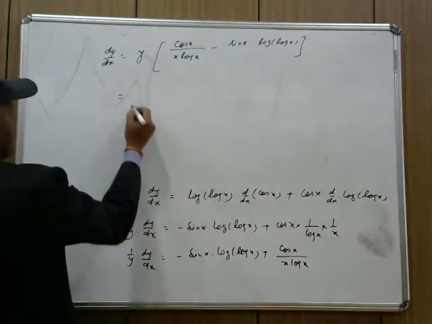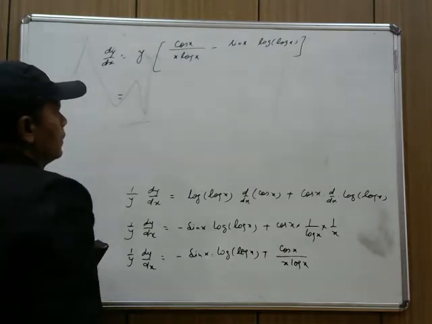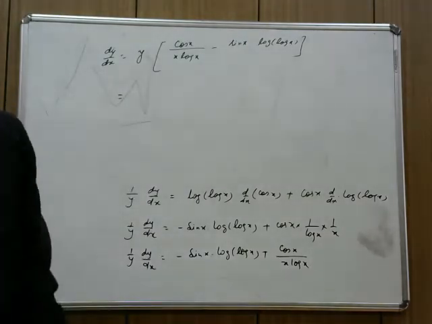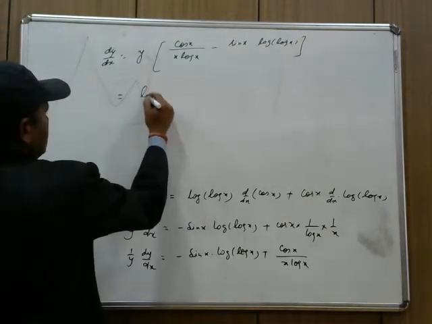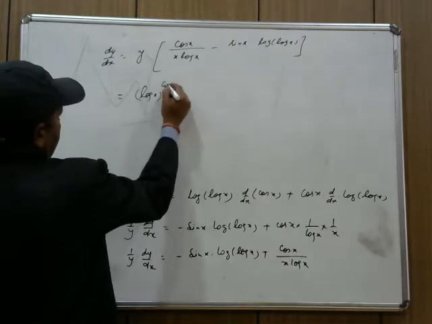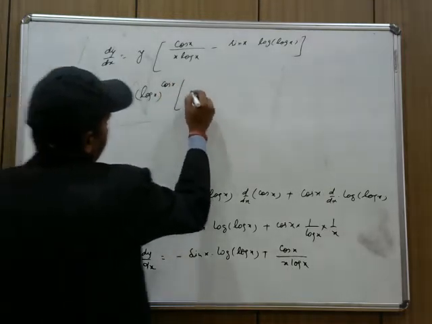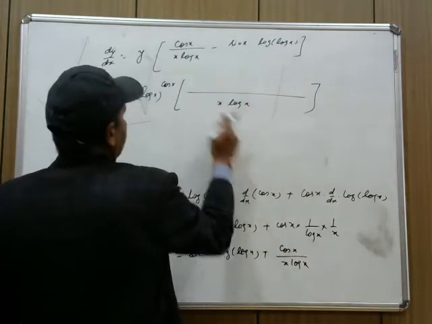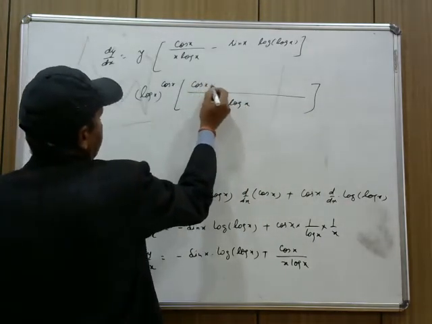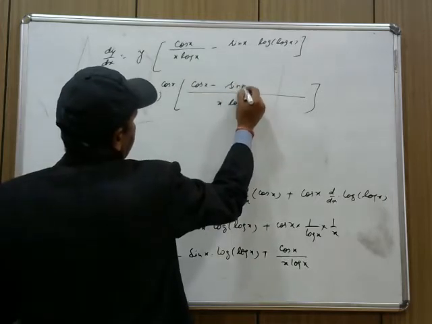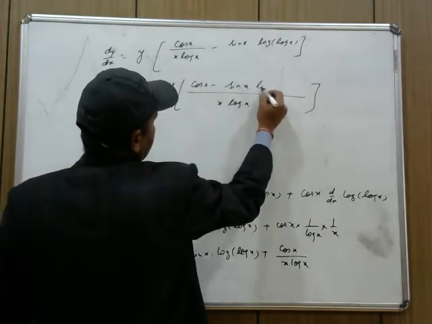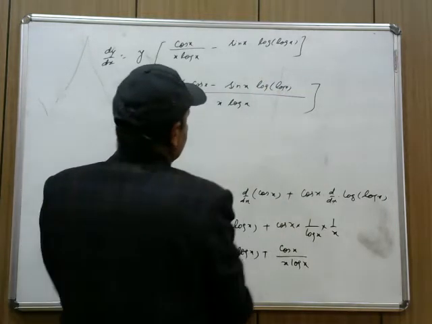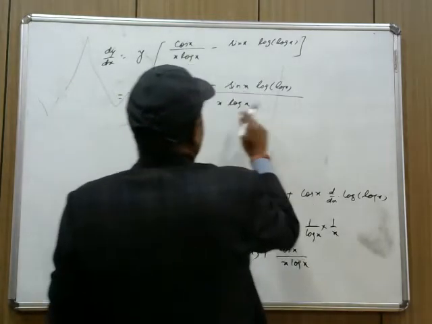Now can I write the value of y? Y was log x to the power cos x, and the LCM is x log x. Therefore I write now cos x minus sin x into log of log x into x log x.